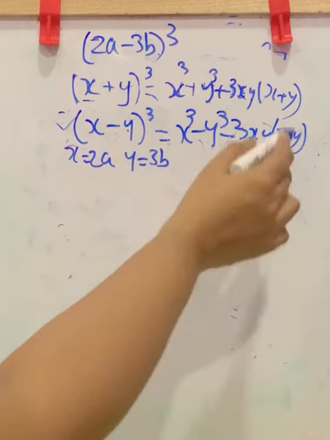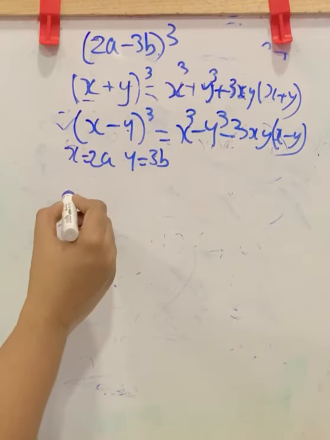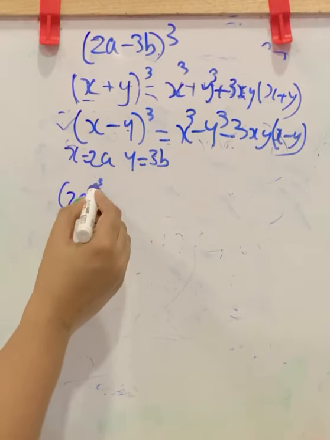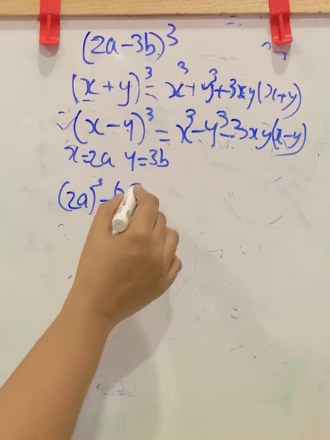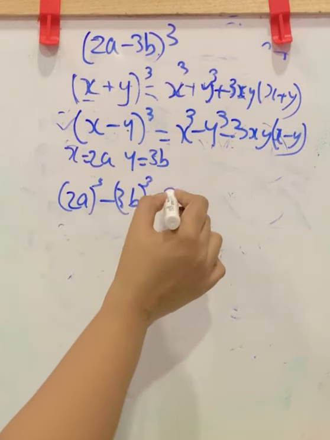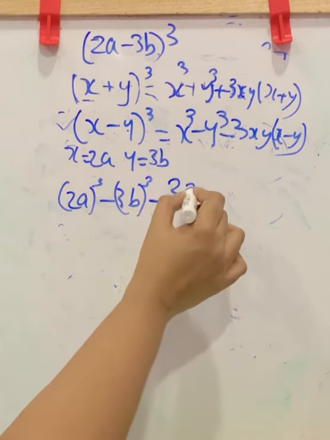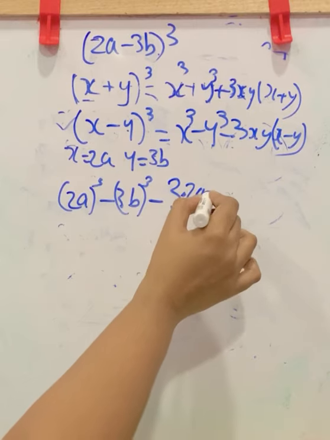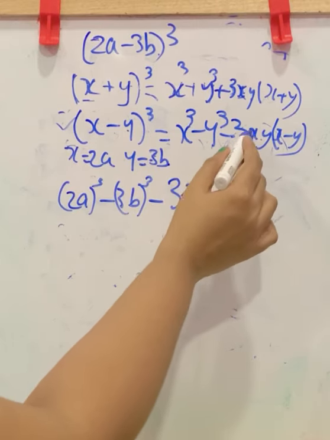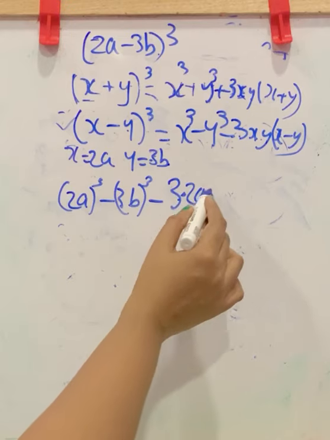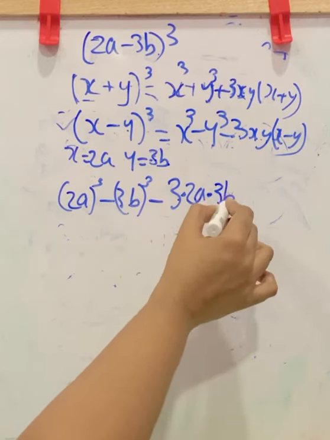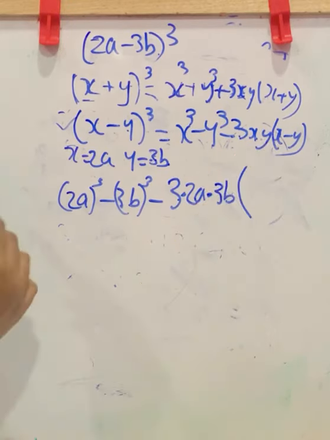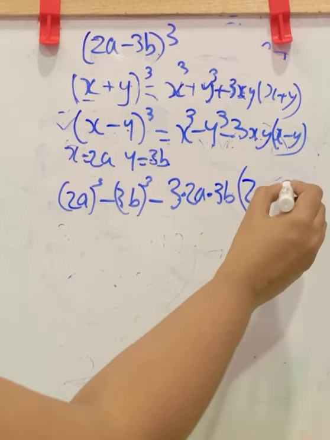We can substitute in the expansion, it becomes (2a) whole cube minus (3b) whole cube, that is y cube, minus 3 into 2a into 3b, that is 3xy, in the bracket x minus y, that is 2a minus 3b.